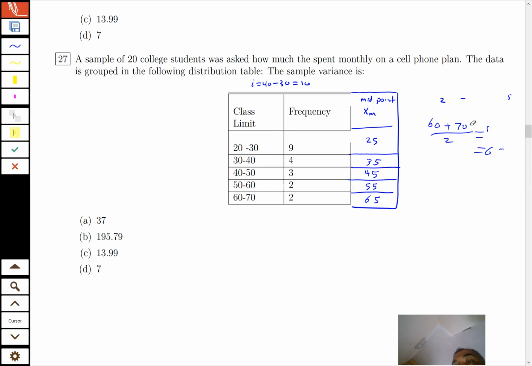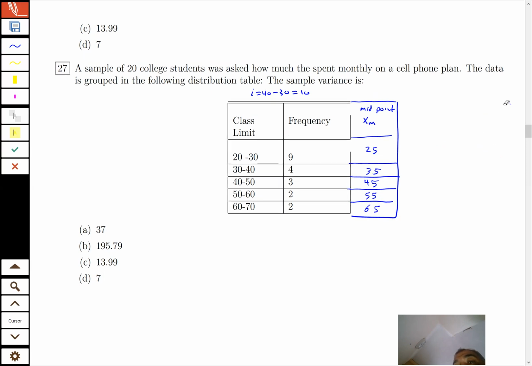I need the space. What do I need also to find the sample variance? I need the frequency times the midpoint. If we multiply the frequency, which is 9, times 25, what we will get? 225.